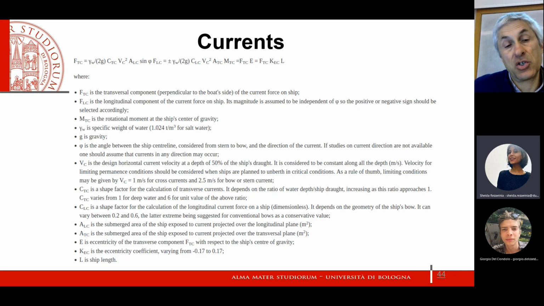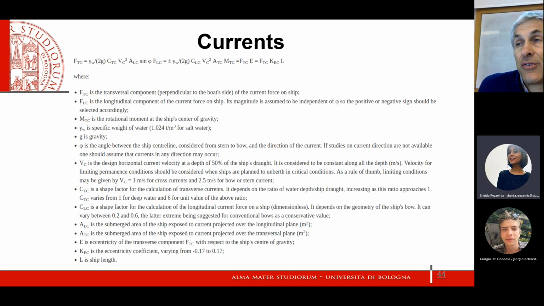The current velocity changes with the depth of the sea. So here there is also the indication of where you have to compute the velocity. And then there is the density of water. It's a similar approach, with some coefficients and with the submerged area of the ship that matters here, and also the angle.